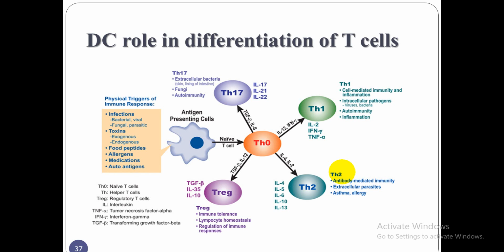So dendritic cells are the main antigen presenting cells which uptake and process protein antigens, and present them to T helper cells and induce their differentiation to different effector T helper cells like Th1, Th2, or Th17 cells.